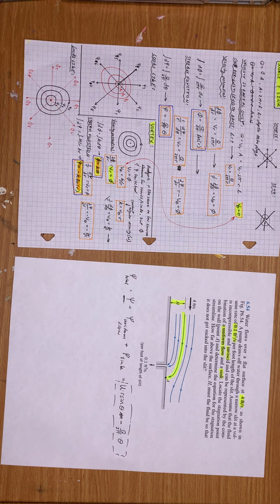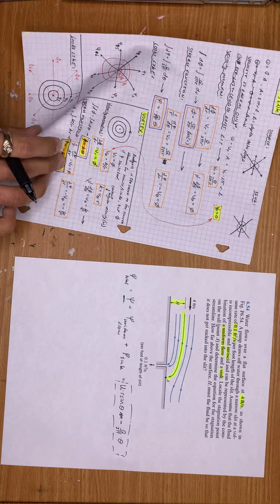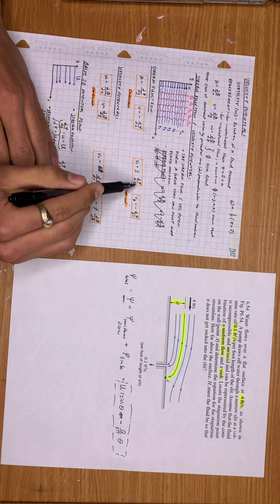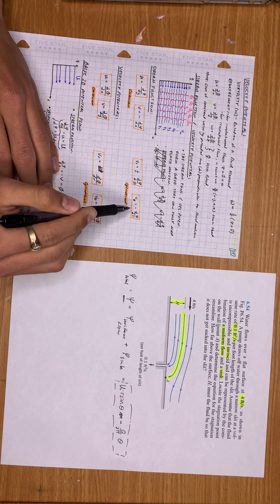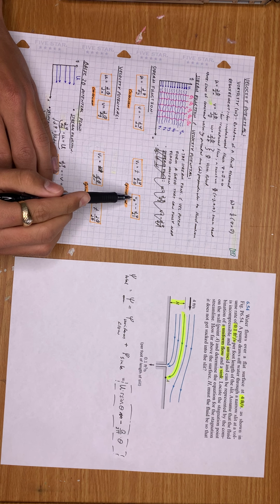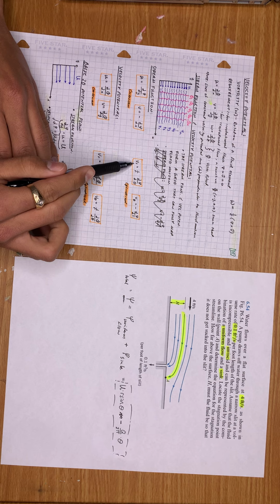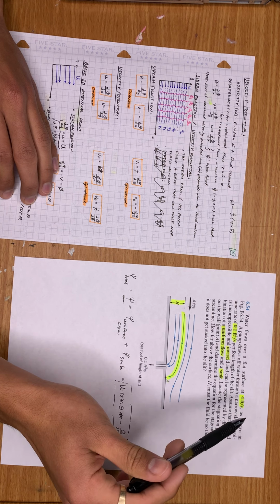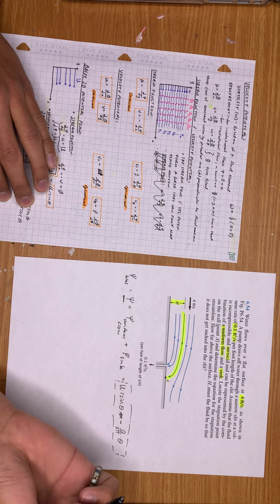Alrighty, next step. We're going to take a look at how our streamline functions relate to tangential and radial velocities, because we're given information about the velocities in the problem statement.